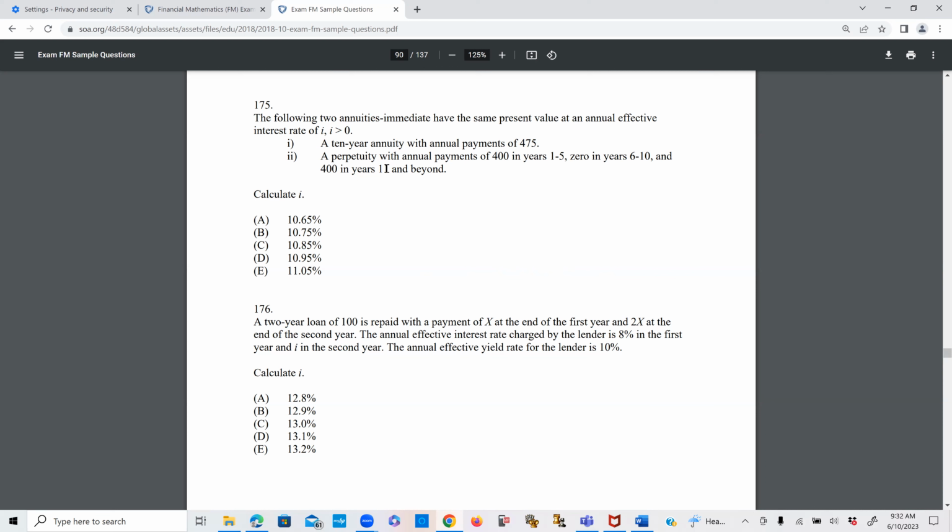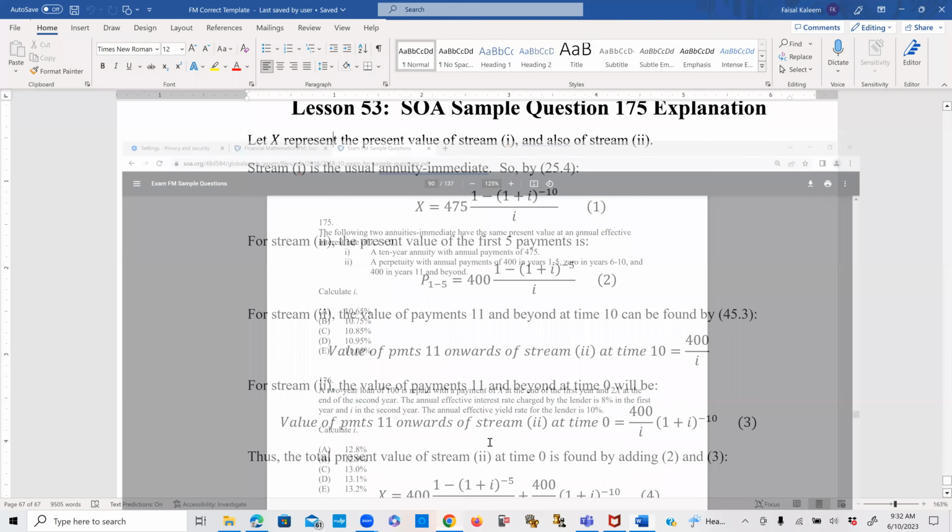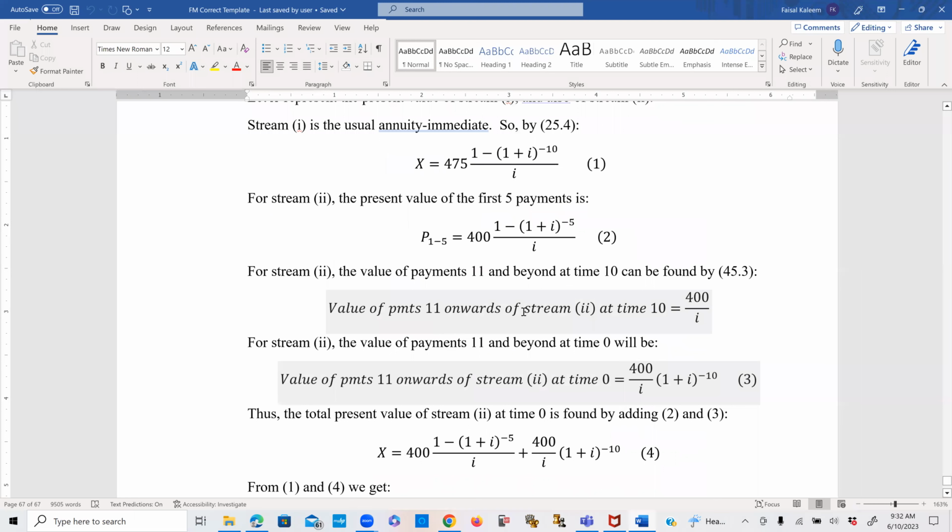So if the first payment happens at time 11 and we apply the perpetuity formula, the value given by that formula will be at time 10. So the value of payments 11 onwards of stream 2 at time 10 will be 400 over i. Remember, it's just X over i for a perpetuity immediate. Now we need to bring this back from time 10 to time 0, so we multiply it by a factor of (1 plus i) to the negative 10.